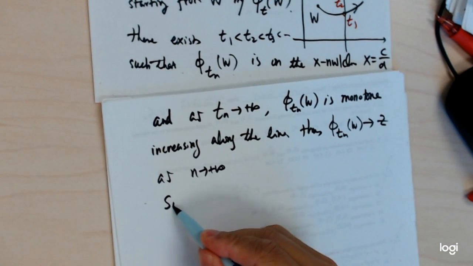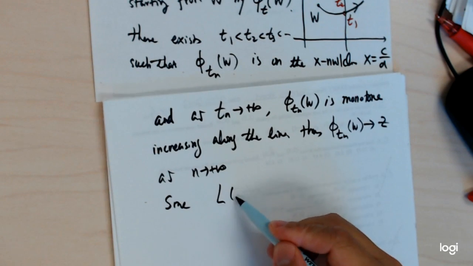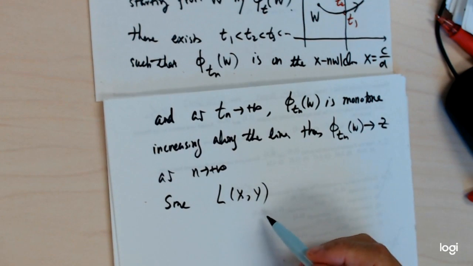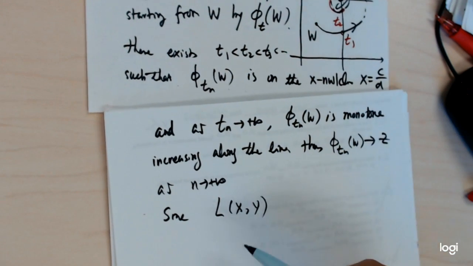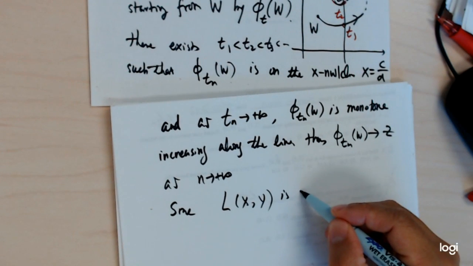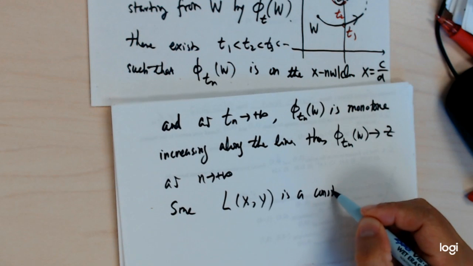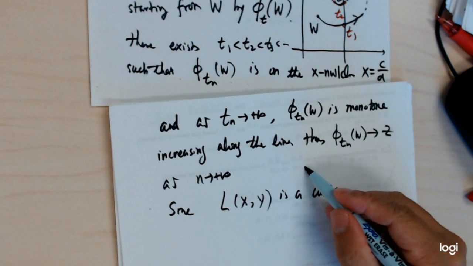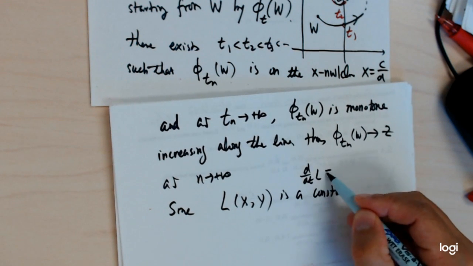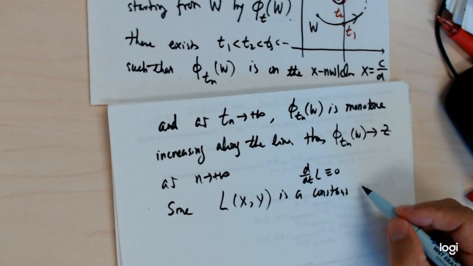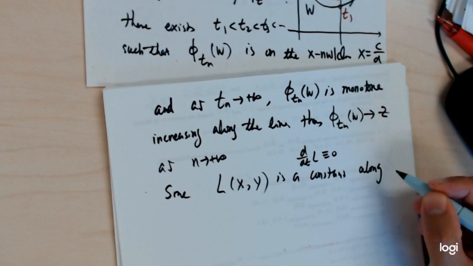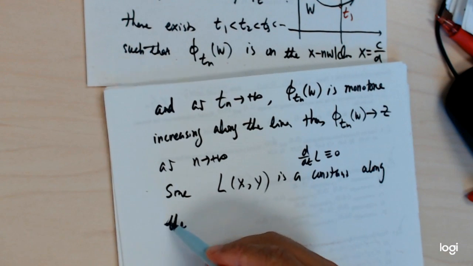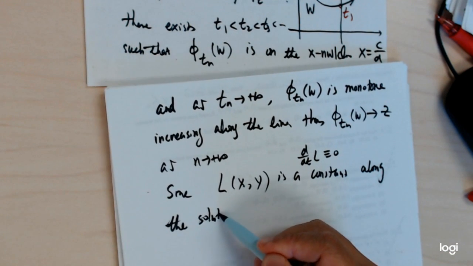So now let's look at the Lyapunov function that we created. This Lyapunov function is always a constant along this trajectory. The reason is because the time derivative is 0. Remember, we proved this. So it's a constant along the solution curve.